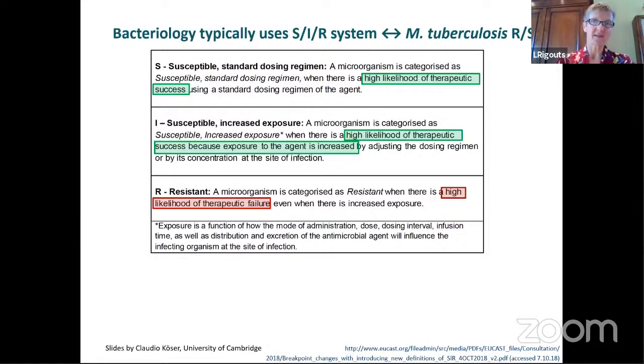A strain is defined as susceptible if there's a high likelihood of therapeutic success using that concentration, whereas it is considered resistant if there's a high likelihood of therapeutic failure. The intermediates are now named susceptible at increased exposure, which can make a strain susceptible again if a higher dose of the drug is given and can be given in a safe way.